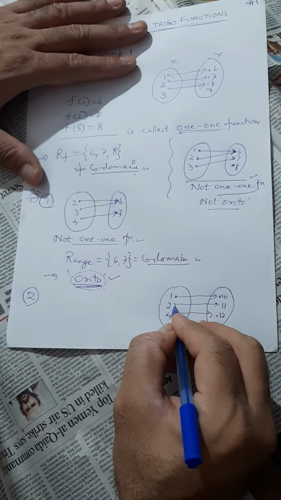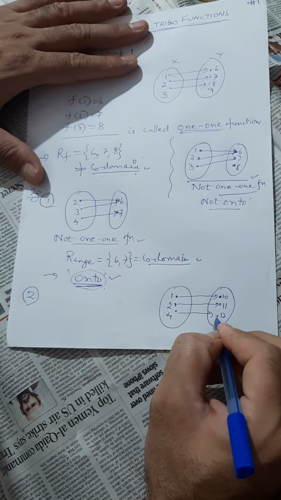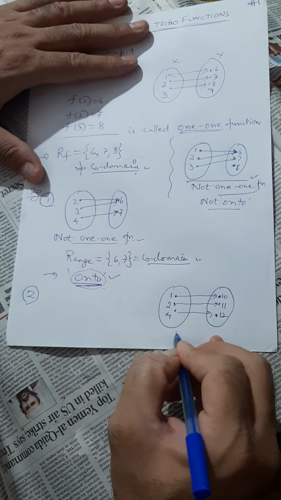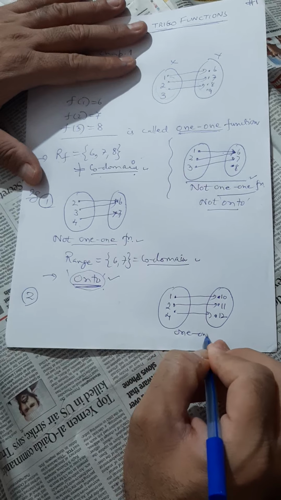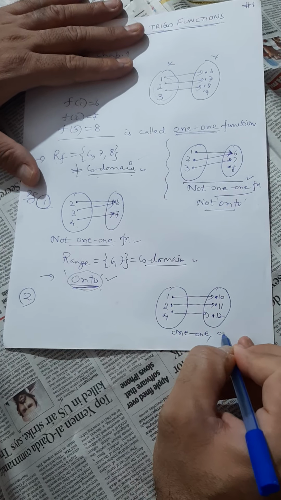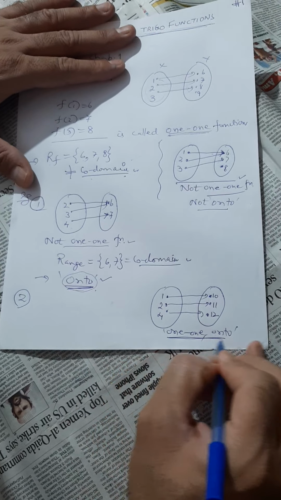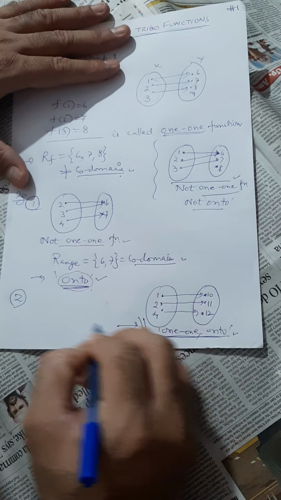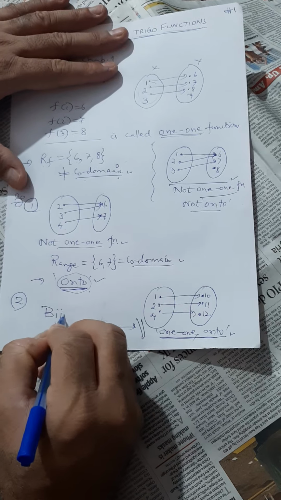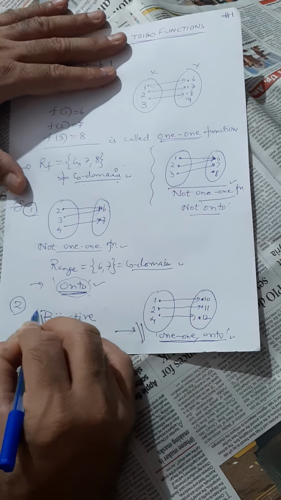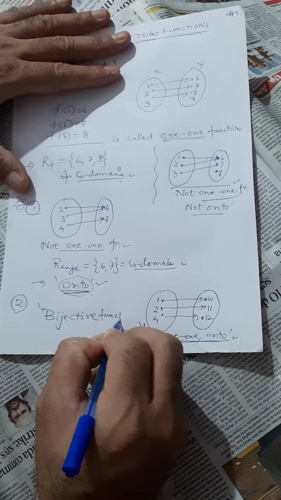So different members go to different members in the codomain. So it's one-one, and there is no extra member in this, so this is onto. So a one-one and onto function is sometimes called a bijective function. That you will learn in the first chapter, bijective function.